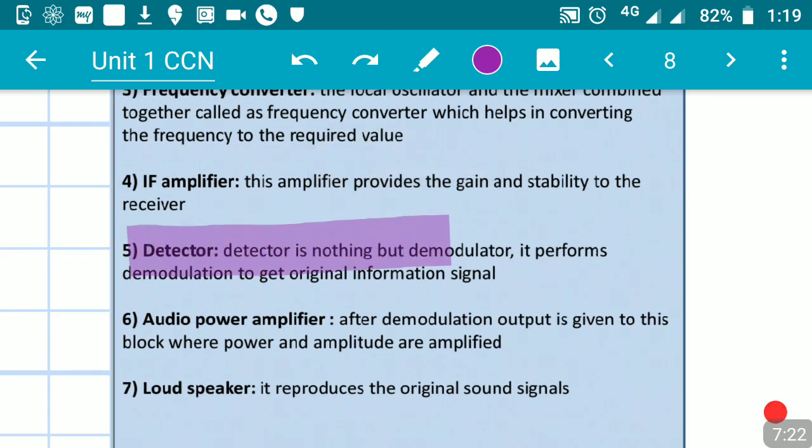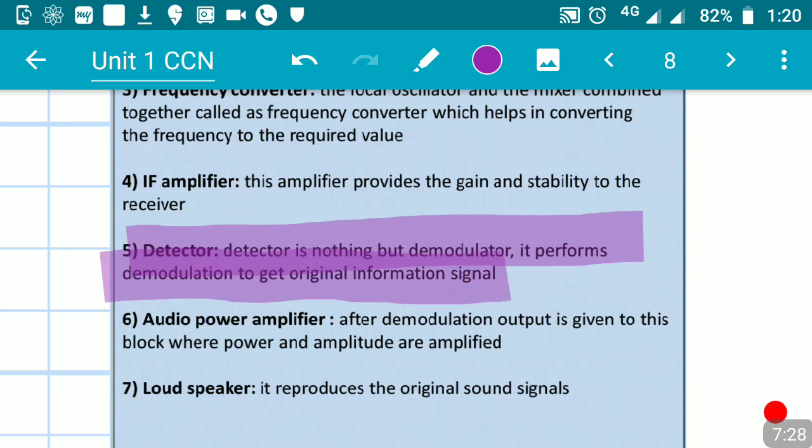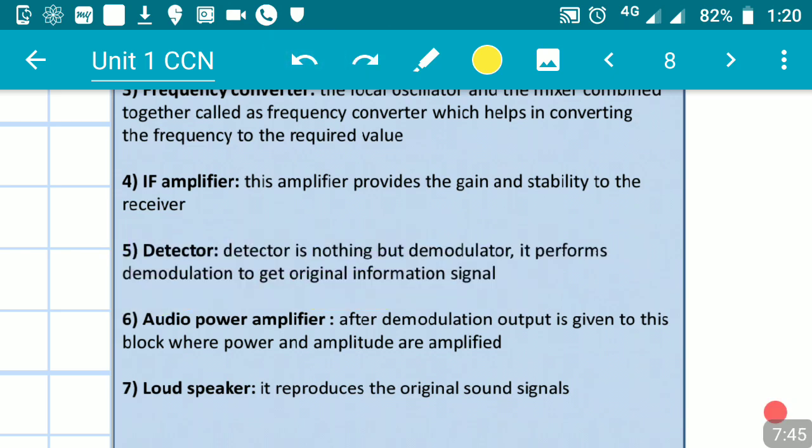The detector is nothing but a demodulator. What does the demodulator do? It does the demodulation to get the original information signal. It carries out the process called demodulation.